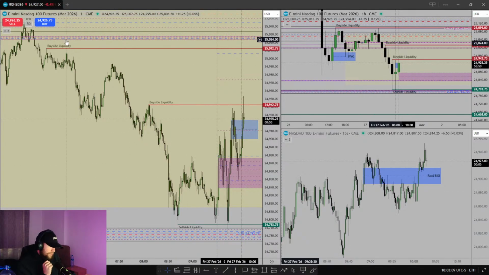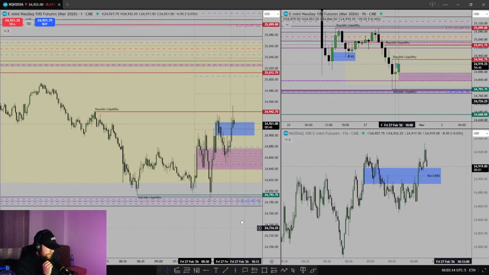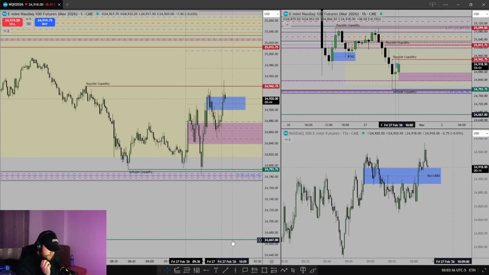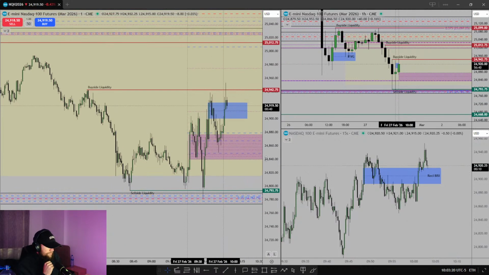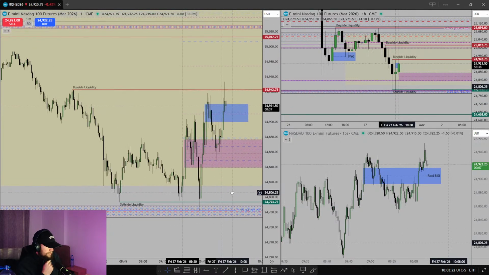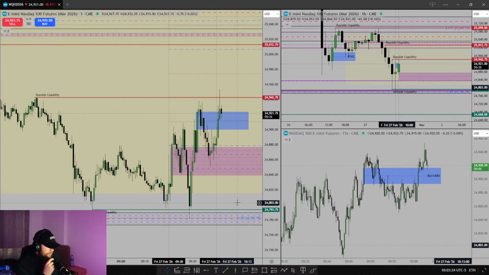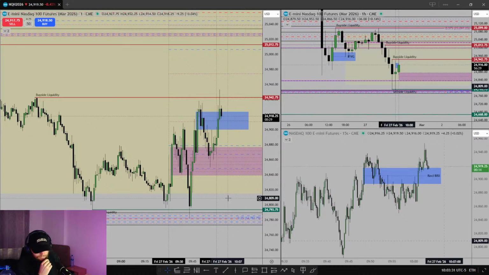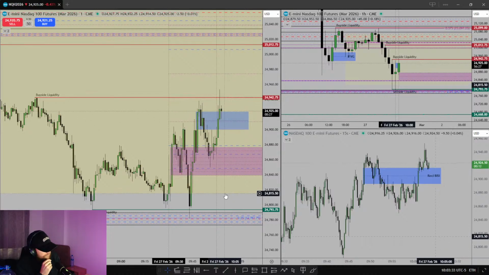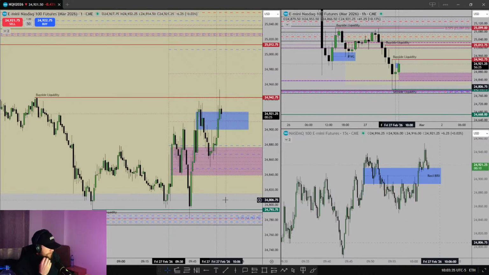We still have the buy side up here inside the upper quadrant of that opening range gap. And we still have the sell side liquidity down here from the 1 hour chart from Monday and Tuesday. But I don't think I'm going to engage in this AM session here. It really seems low probability.